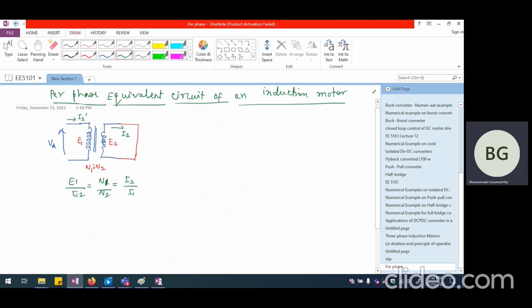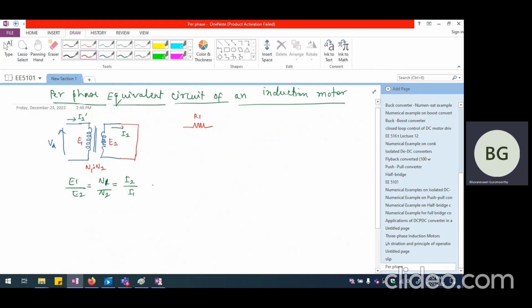Now, these windings, although they are all made up of copper, we will still have some resistance for the copper winding. Let me show that resistance as R1. And the flux produced by the primary or the stator winding will not completely link with the secondary. The same way, the flux produced by the rotor may not have complete effect on the primary.